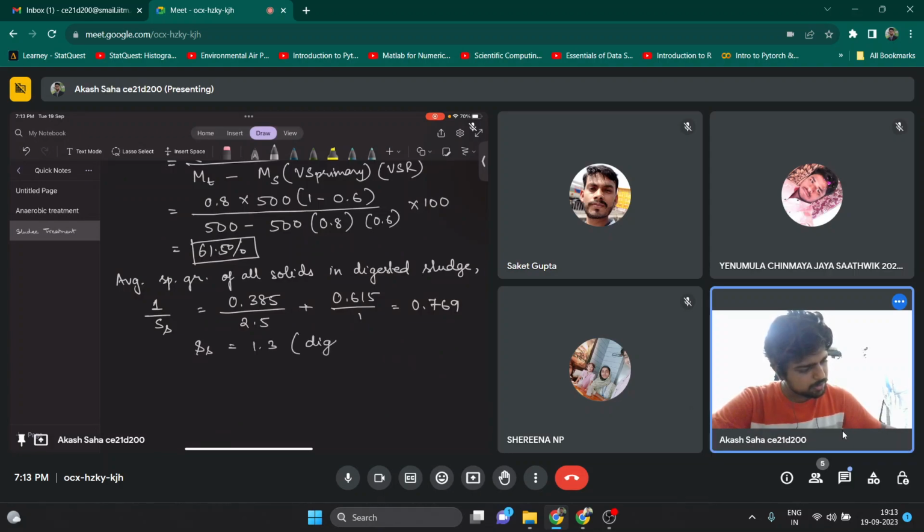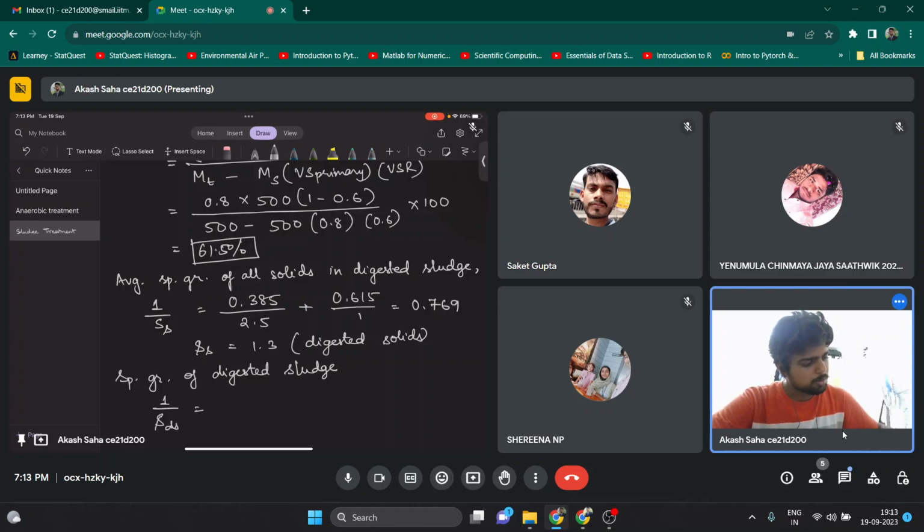This is my digested solids. We have found the specific gravity of the digested solids. Now suppose it is the specific gravity of digested sludge, SDS.